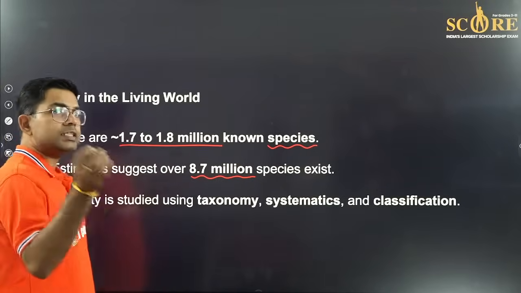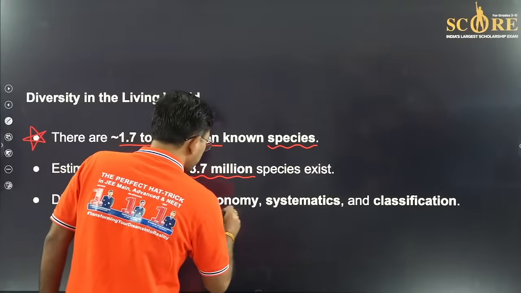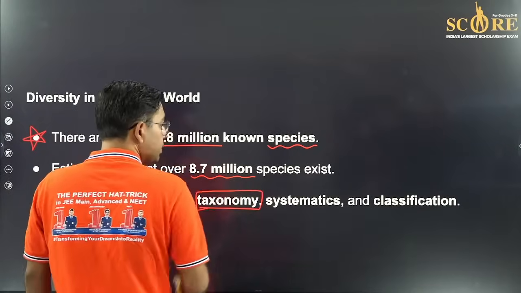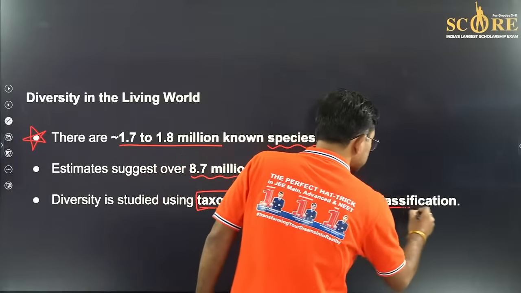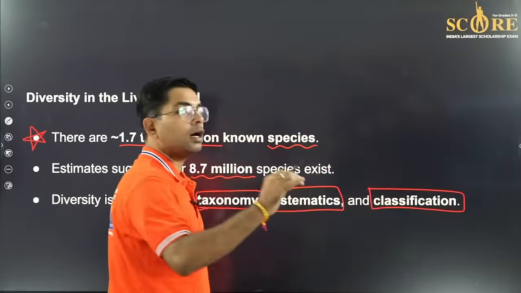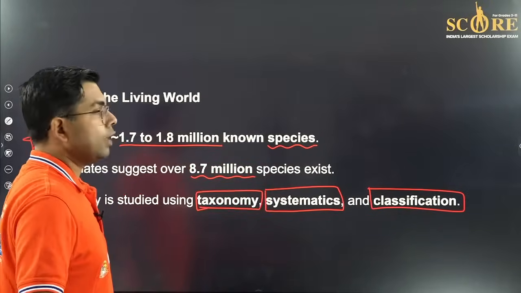Now, when we study living organisms, we use three important things. One is called taxonomy, another is called systematics, and another is called classification. So these three terms are very important in this chapter. We will see them one by one.